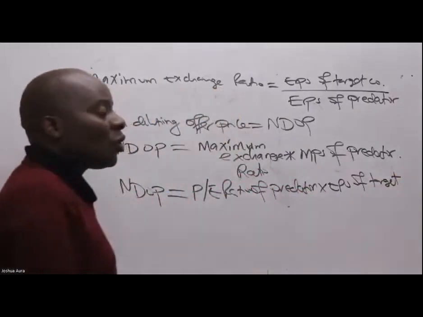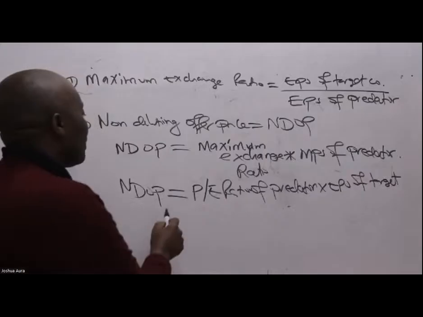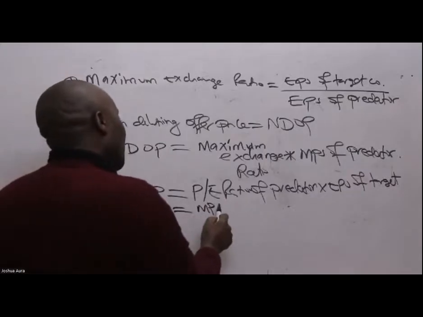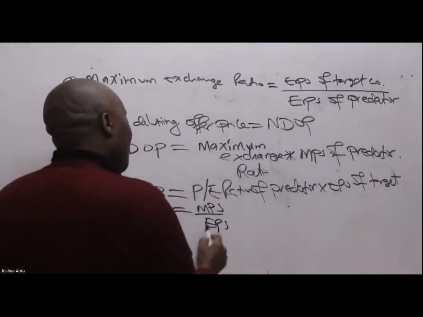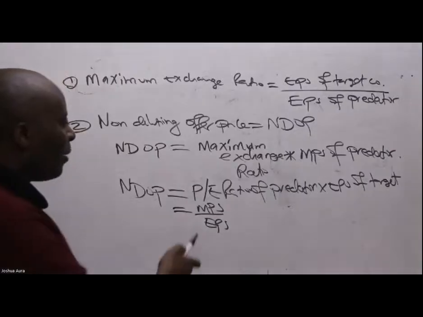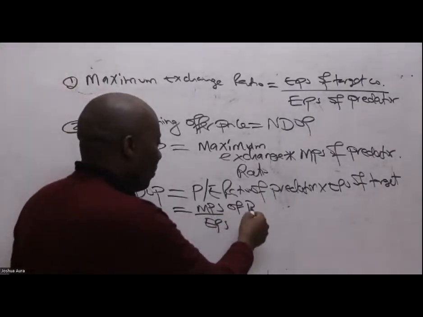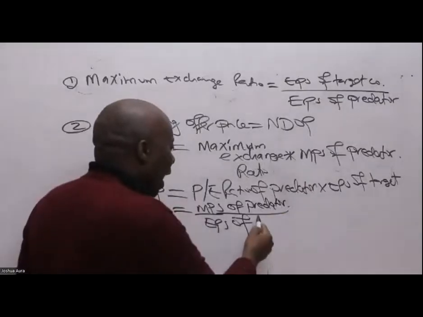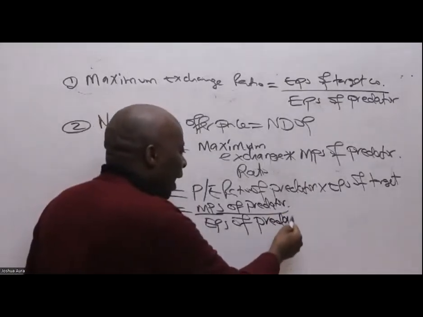What Mr. George is telling us is that this PE ratio, of course, he knows the formula. It is MPS all over EPS. So it is MPS of predator all over EPS of predator.